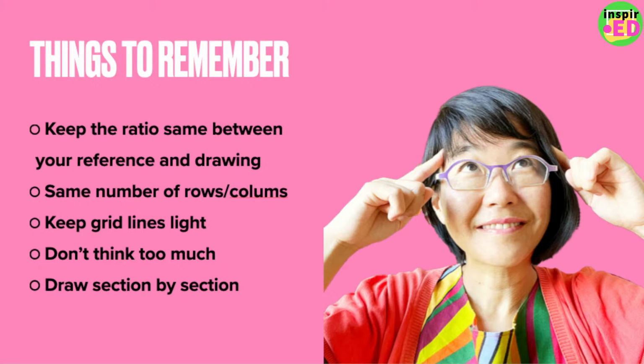If you get that, you will get the right shape. So don't think too much and draw section by section. Really purely follow what's in each section without thinking too much, without judging anything. Just keep going and see what happens. And if you're using pencil, you can always erase and fix.